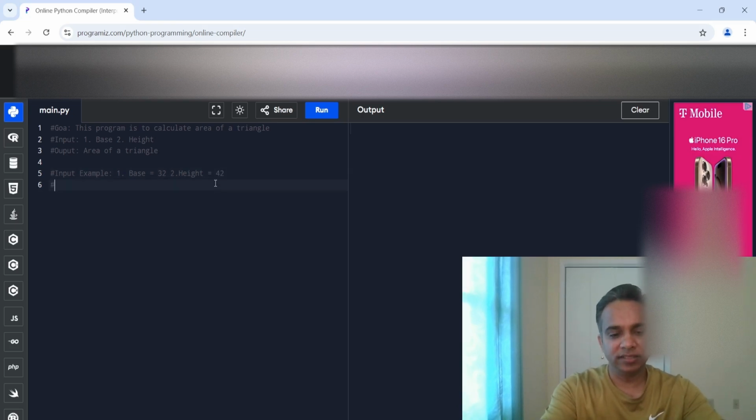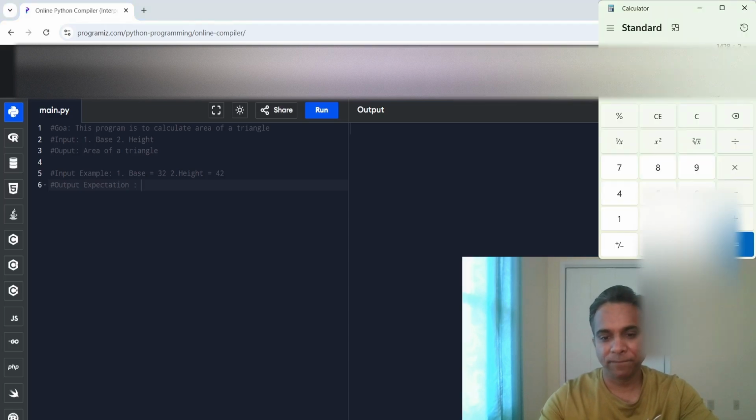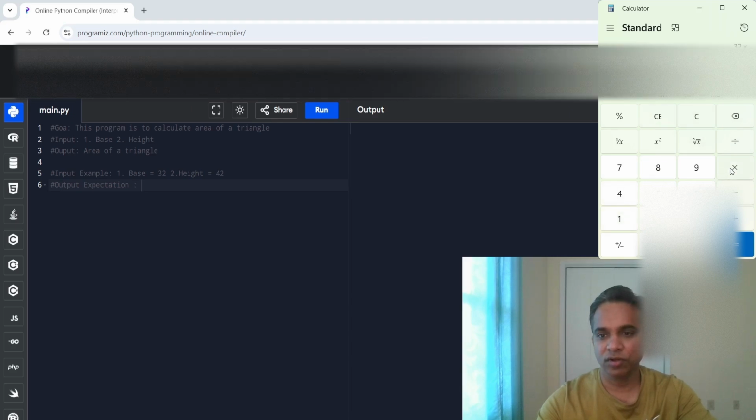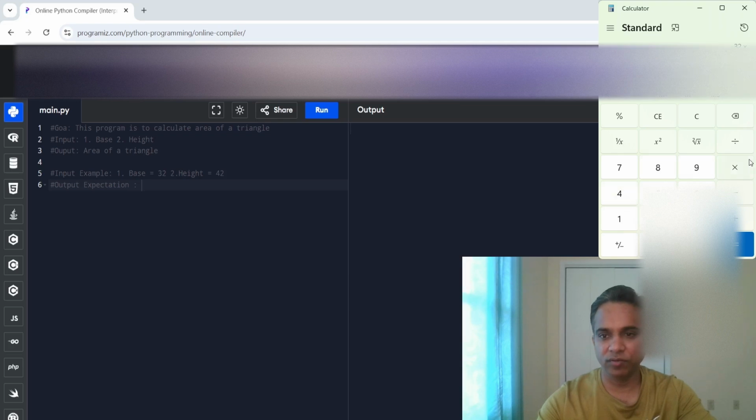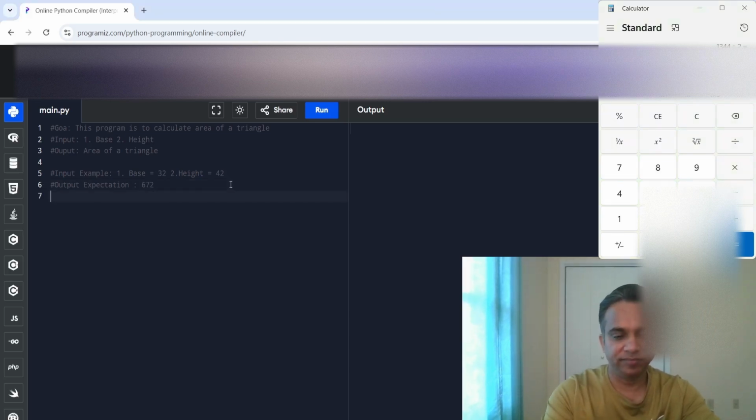In this case, our output expectation would be base 32 multiplied by 42 divided by 2. So 672 is our output expectation.